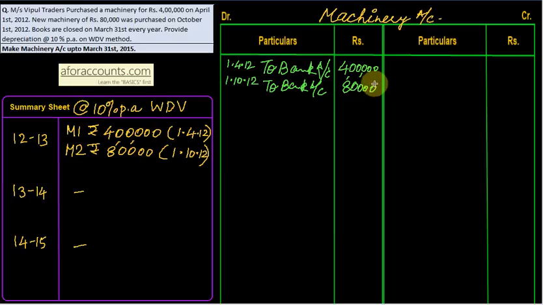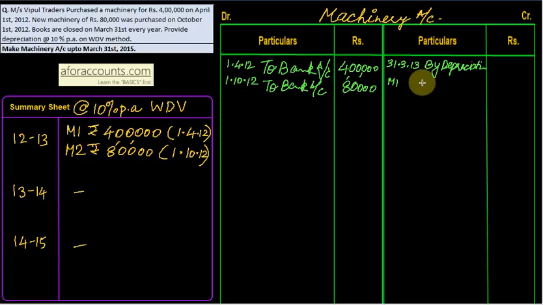Okay, now our calculation for depreciation on 31/3/2013 because the year is 12-13. So by depreciation, how much? Machinery 1 depreciation: 4 lakh is your original cost. So 4 lakh into 10% comes up to 40,000.